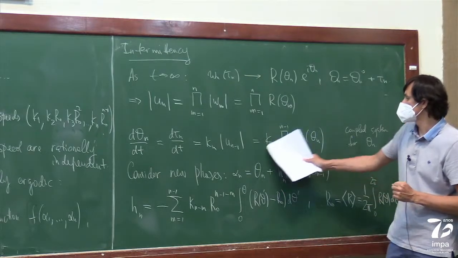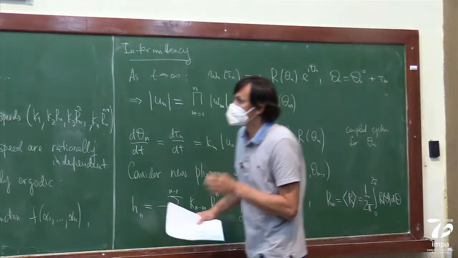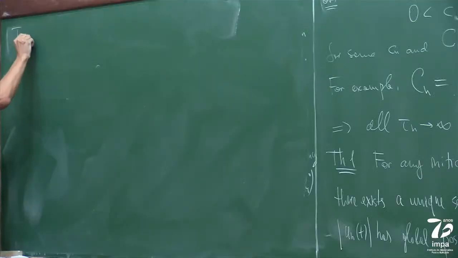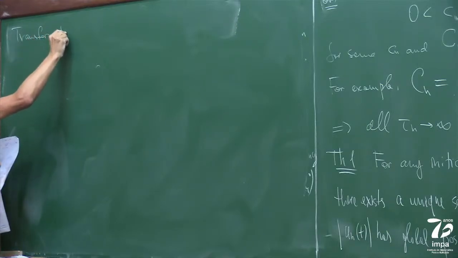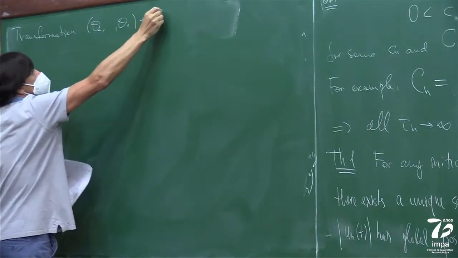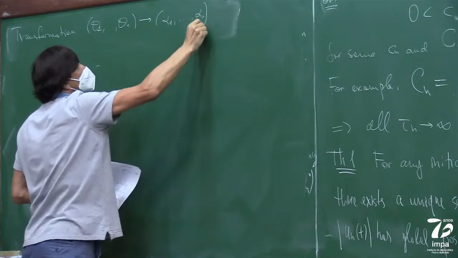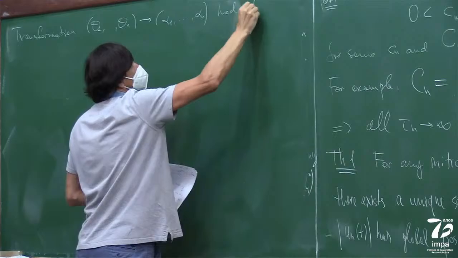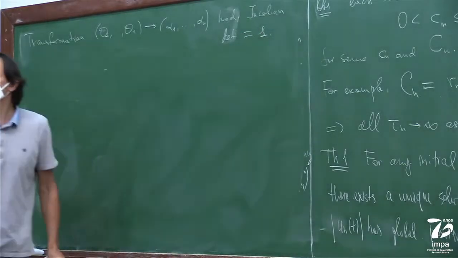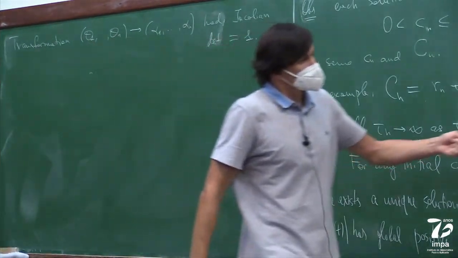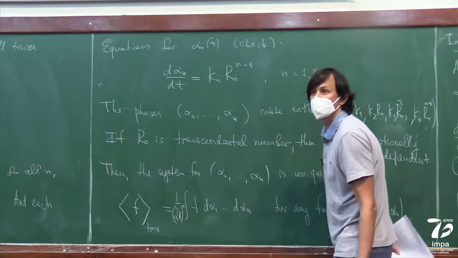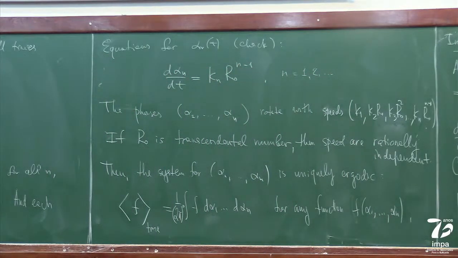Because the Jacobian will be a diagonal matrix with diagonal 1. So since the transformation from theta 1, ..., theta n to alpha 1, ..., alpha n had Jacobian determinant equal to 1, it doesn't matter if you integrate the function with respect to alpha or theta, the same thing.